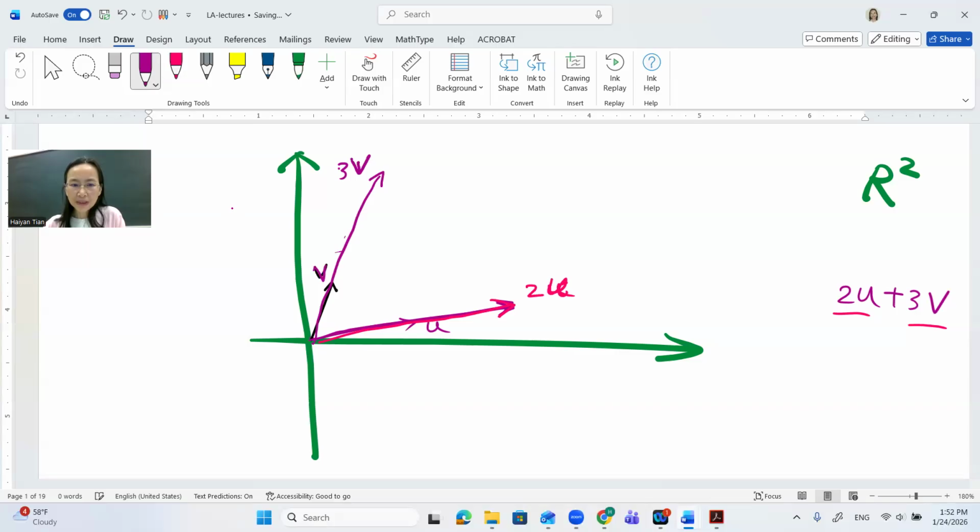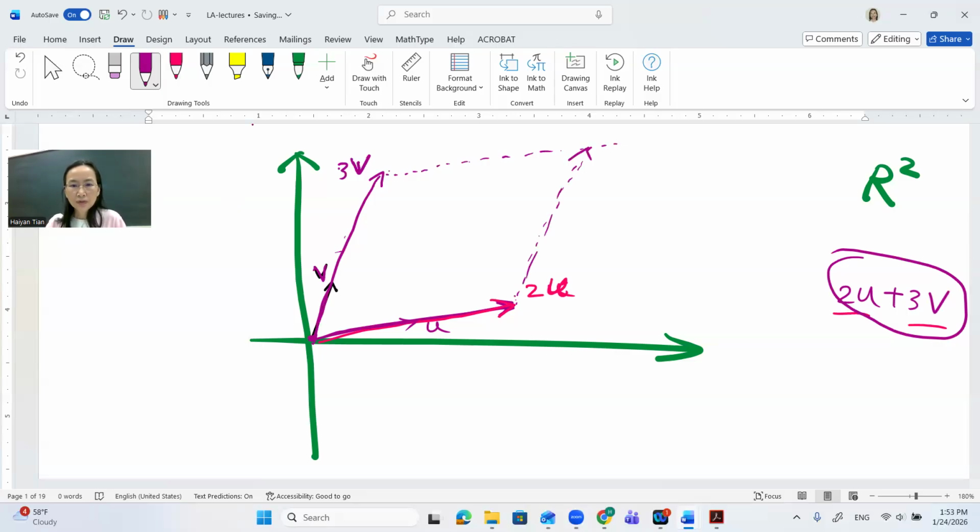You see v here, 3v is this vector. Once we get 3v, then I'm ready to get the sum, right? Using the parallelogram rule, we just draw the sum. This is parallel to 2u, and this is a vector parallel to 3v.